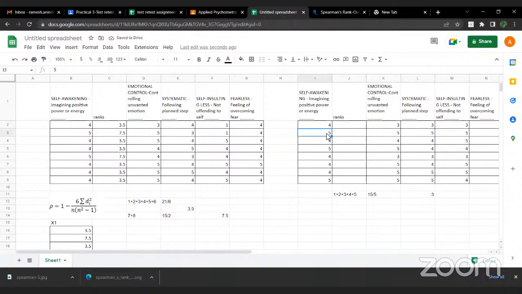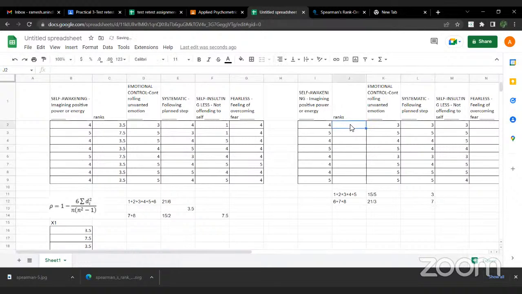And the next thing, for 5, it would be 6 plus 7 plus 8. So that will be a total of 21. 21 divided by 3 is 7.